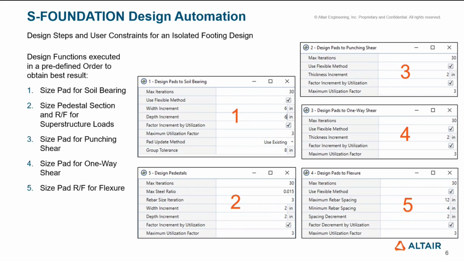For an isolated footing under vertical loads downward, it would be reinforcement on the bottom. And we have the different controls that the user has at the moment to control the iterations. It can iterate up to 30 steps in order to come up with the most optimum design that meets the code check in this particular case.